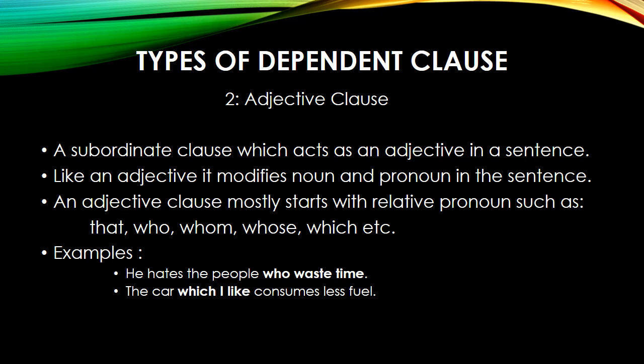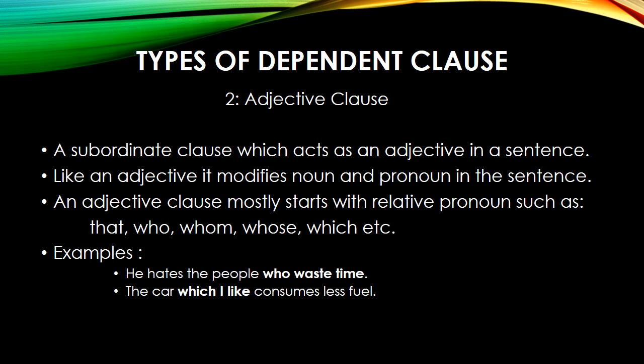In this slide, we will discuss the second type of clause. The second type of clause is the adjective clause. So an adjective clause is a type of subordinate clause which acts as an adjective in a sentence.